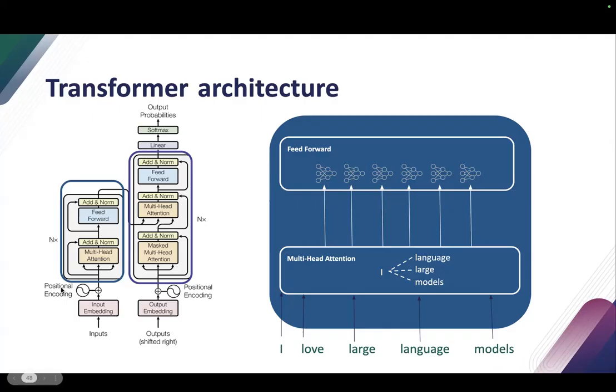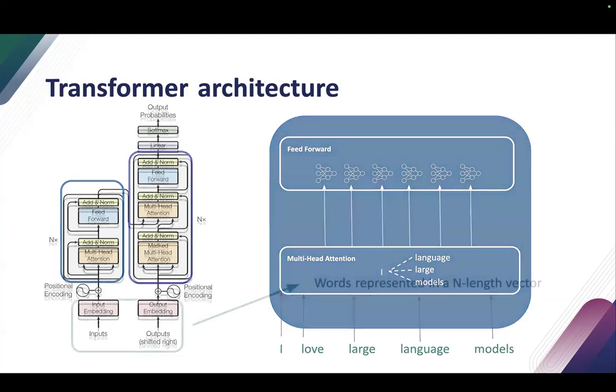I'm not going to go into the details of it, but positional encoding is basically adding something to every word so that you don't lose track of the order of the words in your sentence. It just keeps a vague idea of the position of the words in your sentence.